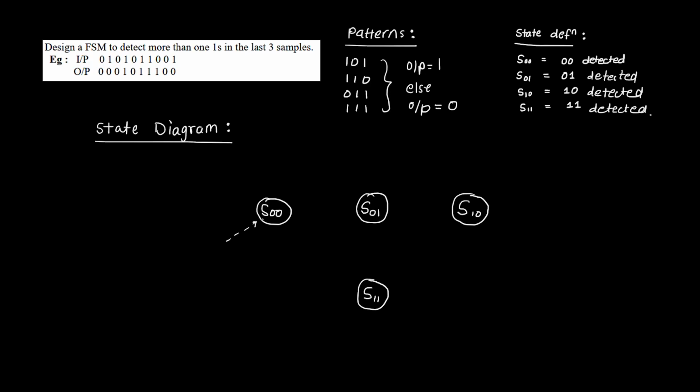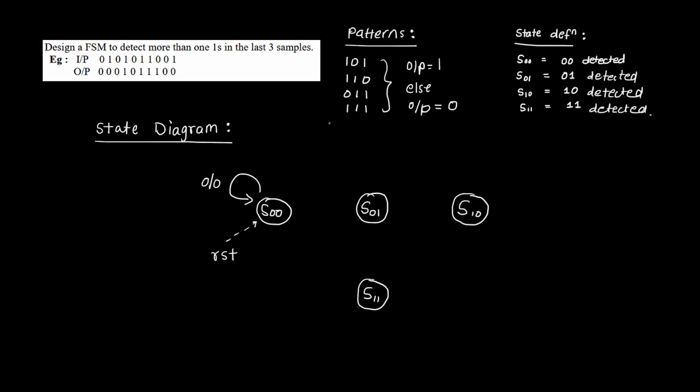My reset state would be S00. So whenever a reset input is given, the machine will start from this state. Now let us begin. If 0 is coming continuously, it should stay in S00. So the output will be 0.